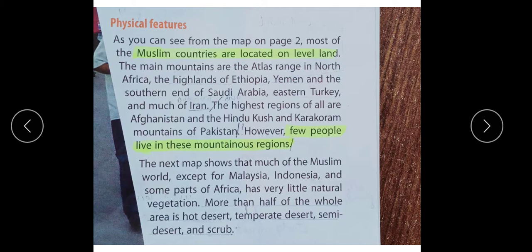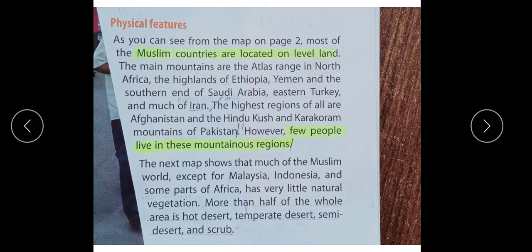But the highest areas, which are around 5000 meters high, which I told you in the map, are the Hindu Kush and Karakoram in Afghanistan and Pakistan. However, few people live in these mountainous regions. Very few Muslims live in these regions, because they are more than 5000 meters high from the sea level. So these were important information regarding this paragraph.